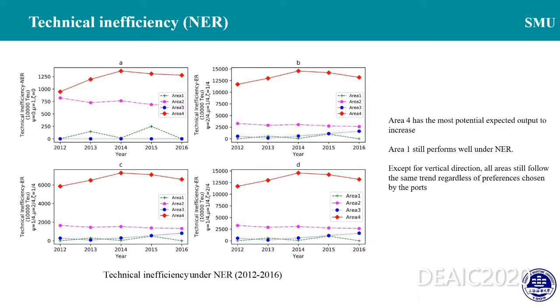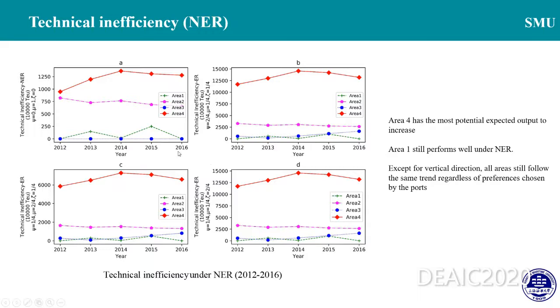Area 1 in this picture shows that it performs well under non-environmental regulation compared to environmental regulation. So its technical efficiency remains unchanged in most years. A result we can get from this picture is that little growth of areas is expected in the vertical direction.